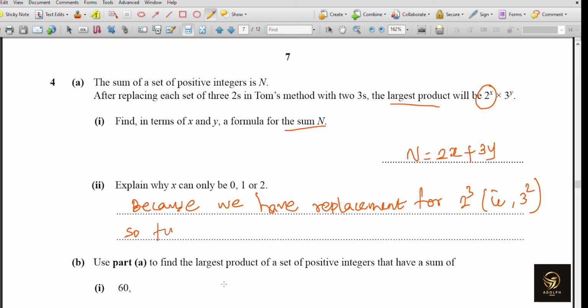So the power of 2 can be 2 power 1 or 2 power 2 or 2 power 0. Sorry for the wrong order. Only these are the possibilities. If it is 2 power 4, now we'll be taking the 2 power 3 and writing that as 2 power 1.